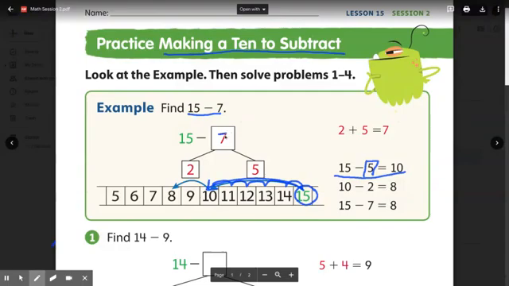So if we look back up at our number bond, it's 15 minus 7, but so far we have only taken away 5. We are not done yet. I hope you see that we still have to subtract 2. But we don't know right now that this is a 2.